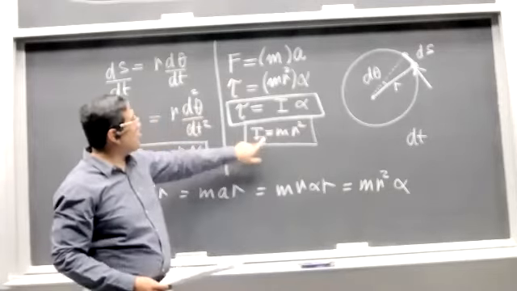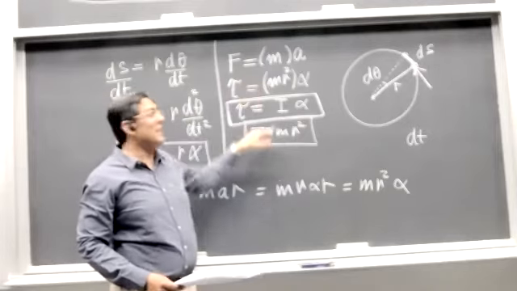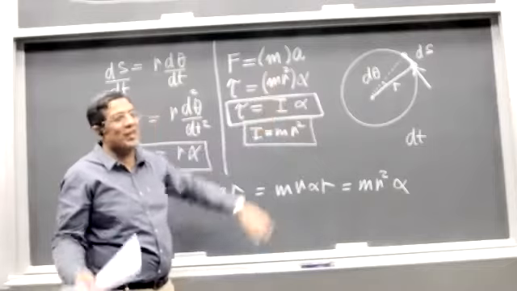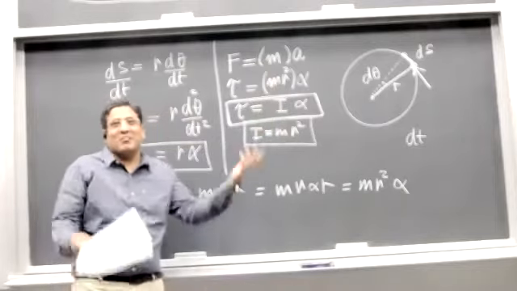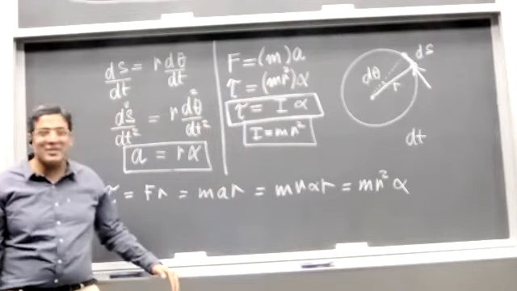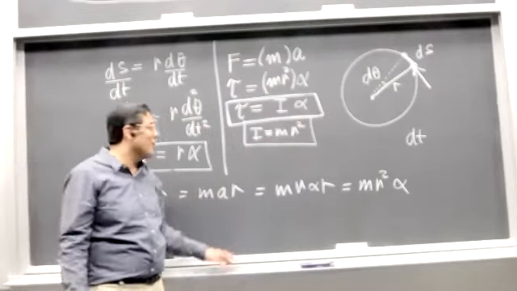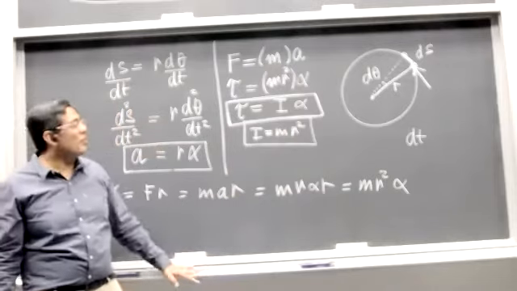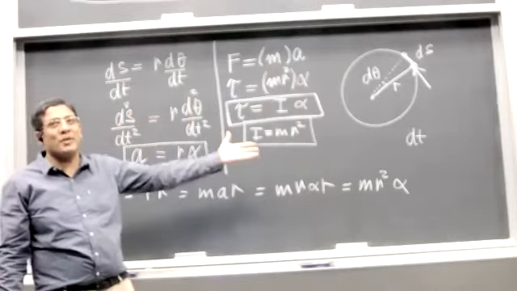Another important difference between I and m is that m is an intrinsic property. Mass of an electron: this electron has this mass and would always have this mass, and it doesn't depend on its shape, doesn't change. Mass of an atom, for example, or mass of an object is an intrinsic property. The moment of inertia is not an intrinsic property.